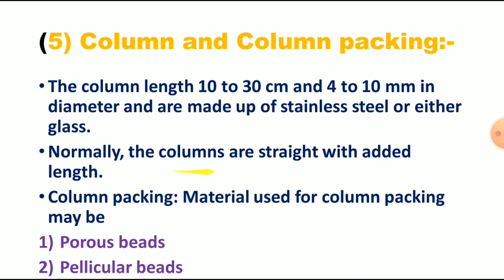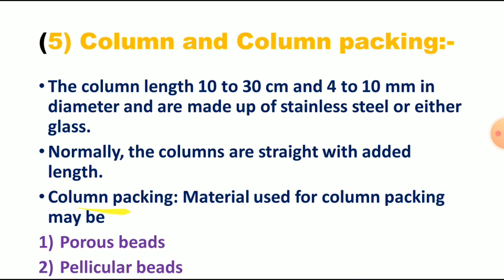Normally, the columns are straight with added length. That means if we require extra length, we can add an extra column, or you can say extend the length of the column.